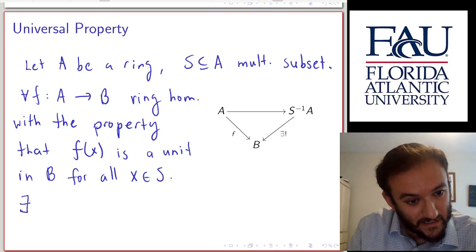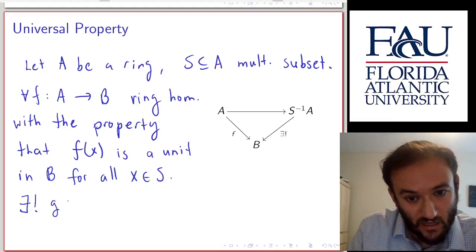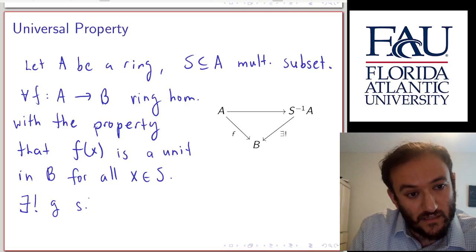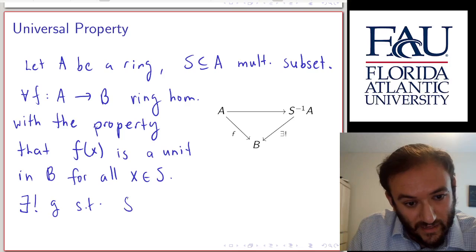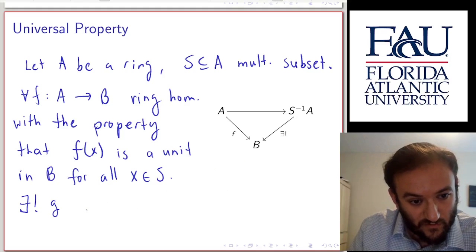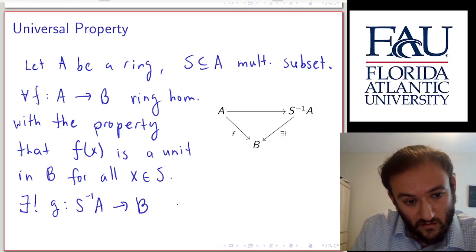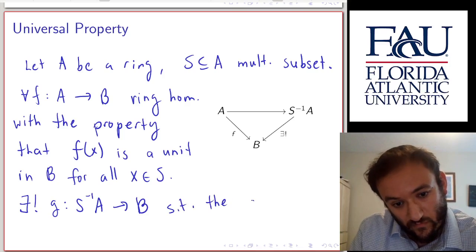Then there exists a unique homomorphism G from S inverse A to B such that the diagram commutes.